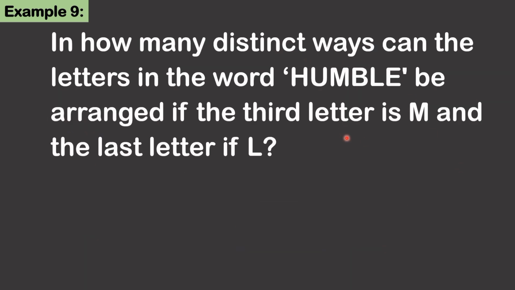Example 9. In how many distinct ways can the letters of the word humble be arranged if the third letter is M and the last letter is L? There are 6 letters in the word humble.